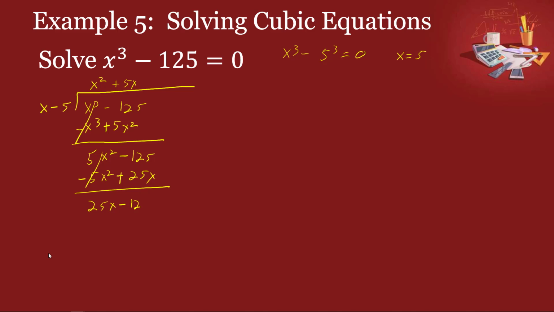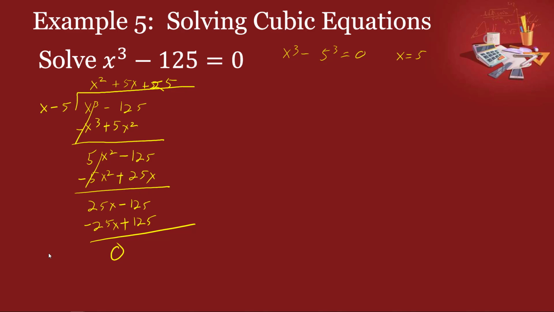I have 25x − 125. If I multiply x − 5 by 25, I will get 25 times x, or 25x, and 25 times minus 5 is negative 125. I forgot the x. And then when I do the subtraction, I get 0.